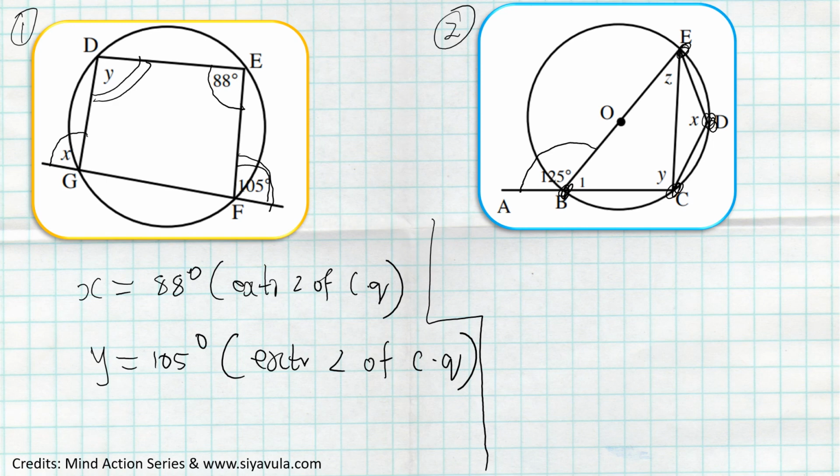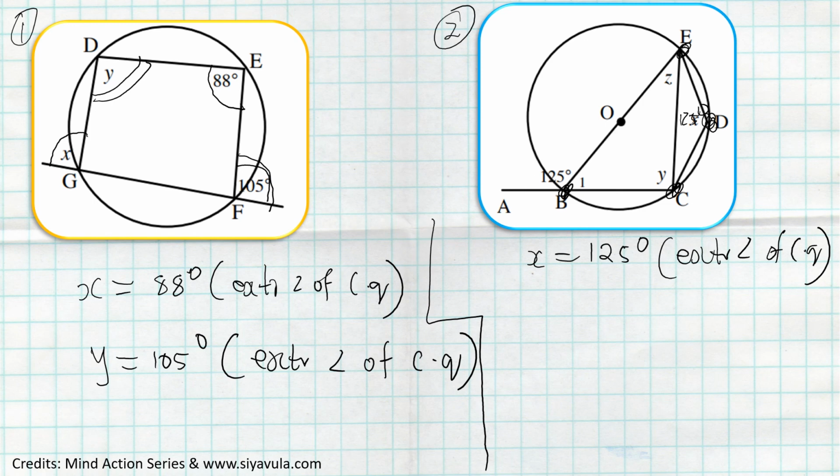What can we deduce? Exterior angle of a cyclic quad is equal to the opposite interior angle, meaning that our x will be equal to 125 degrees by the reason exterior angle of a cyclic quad. Okay, so we can replace x by 125 degrees.